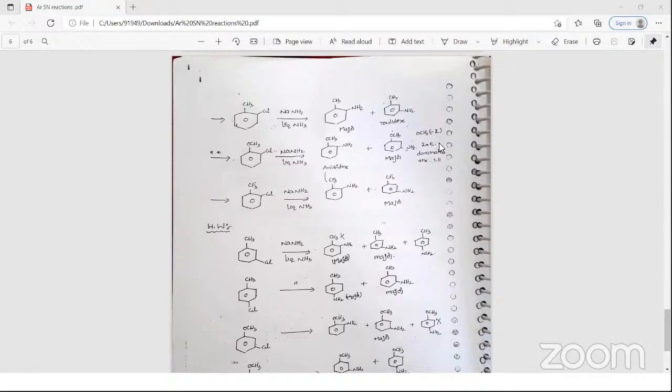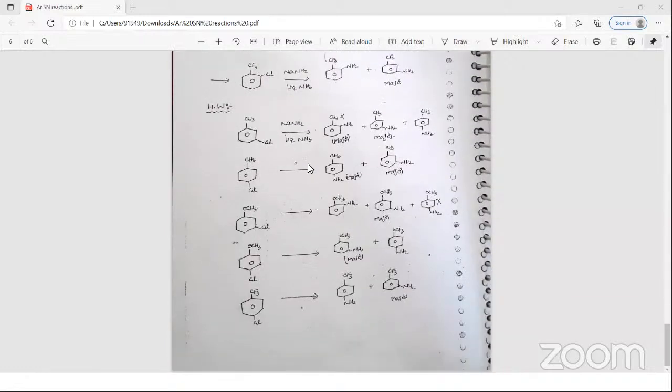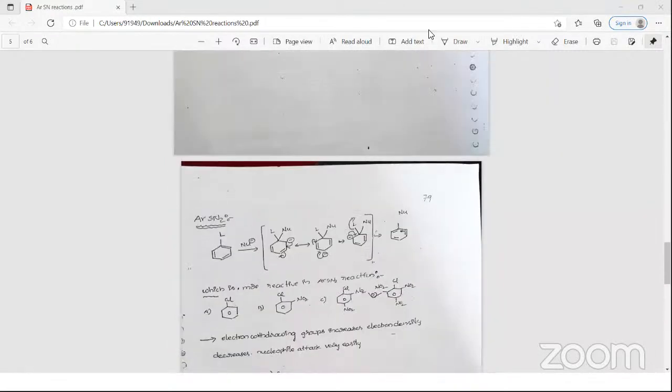OCH3 has a minus I effect and it dominates here. Therefore, the major product is meta. Here CF3 is also giving a meta product. Like this we can see any number of examples. This is about the benzyne mechanism.